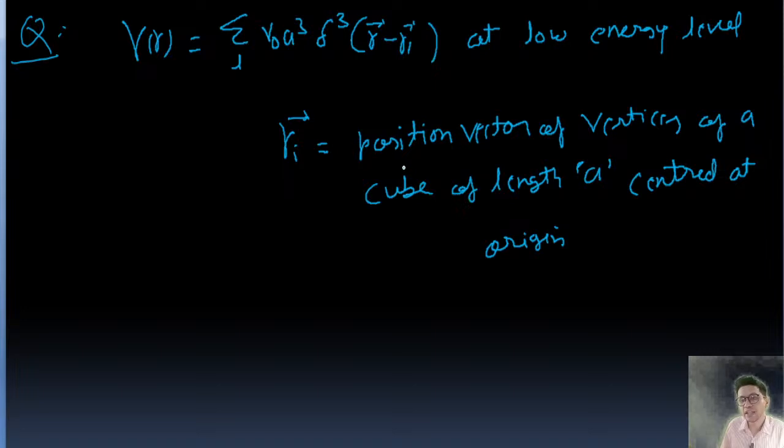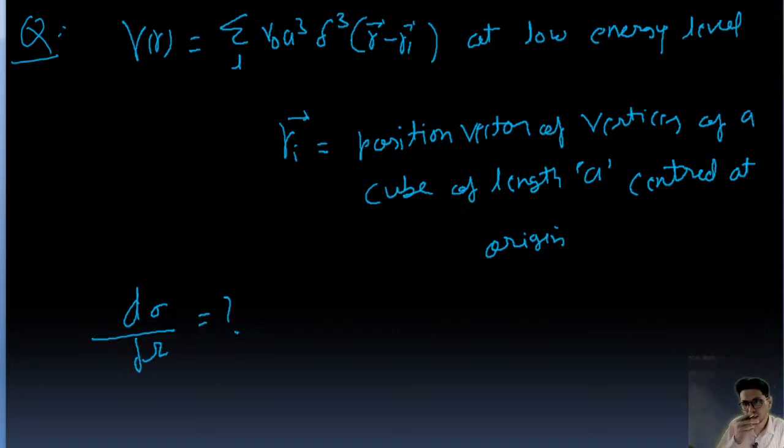So simple. We have been given this and we need to find out d sigma upon d omega. I'll solve it. This is also a question asked in NET, guys.